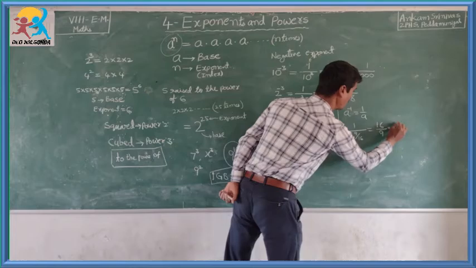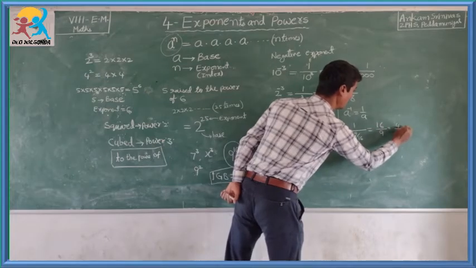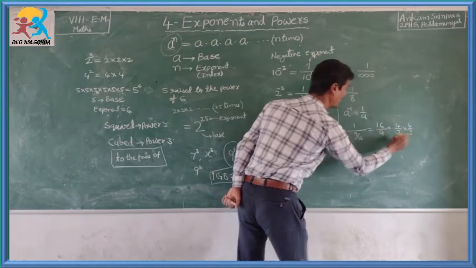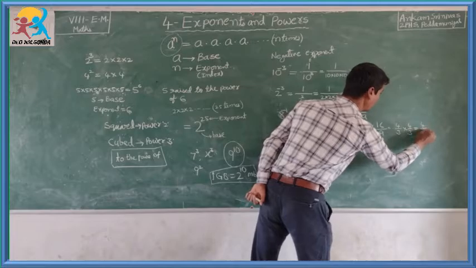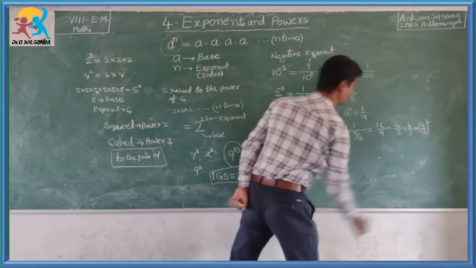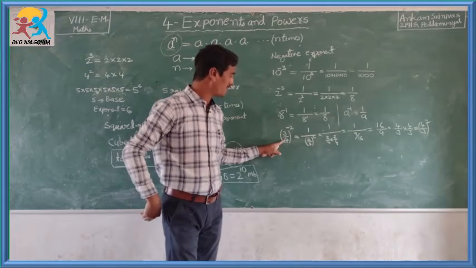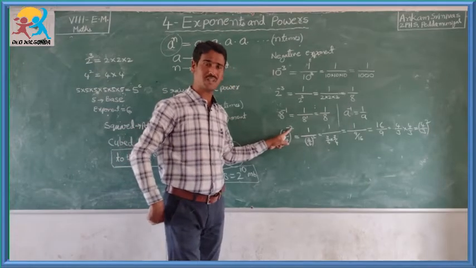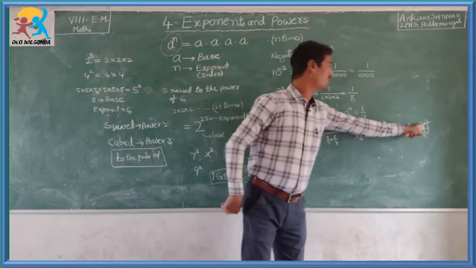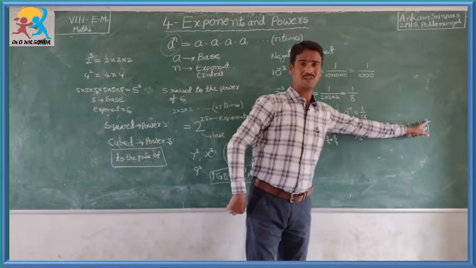That means 4 by 3 into 4 by 3 equal to 4 by 3 whole square. So here 3 by 4 to the power of minus 2 became 4 by 3 power 2.